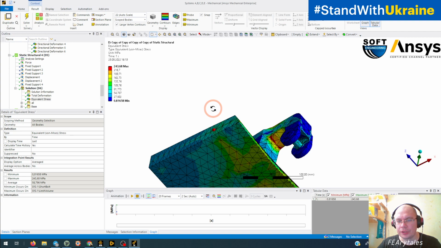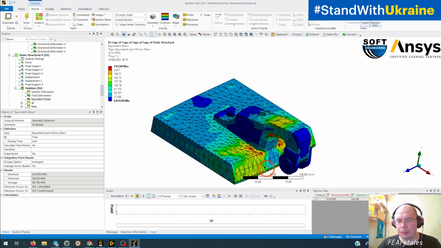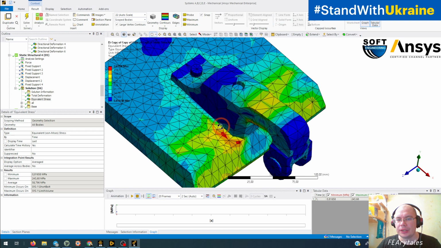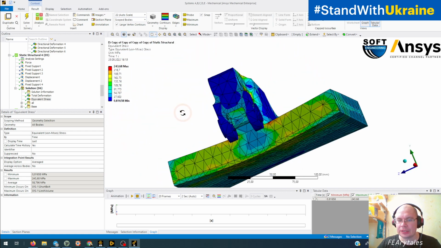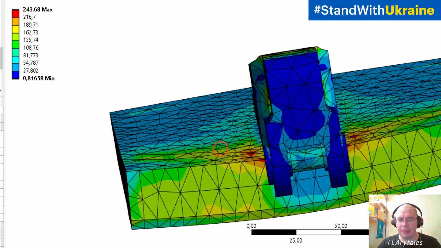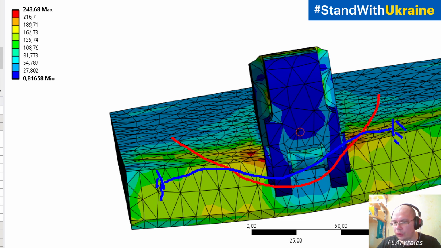And equivalent stress are almost the same here, but have also some additional place with a bigger stress here, in reasons that our base will be much more deformable than original first statement, when we have full fixation on all faces.